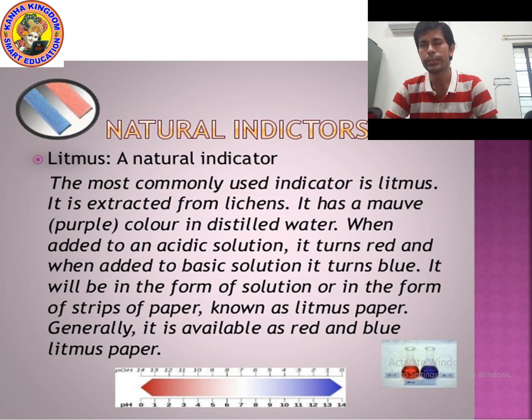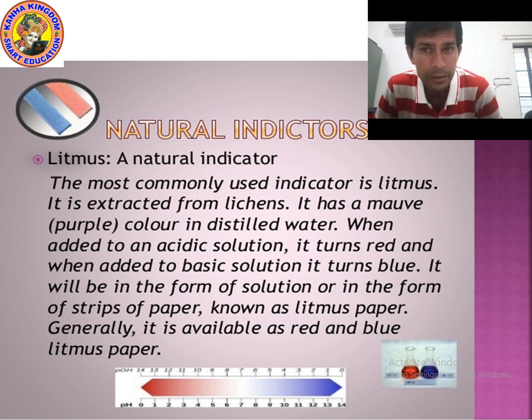Suppose you are doing test of acidic solution, then you will use red litmus paper which will turn blue. If you are doing test with basic solution, then you will use blue litmus paper which will turn red.